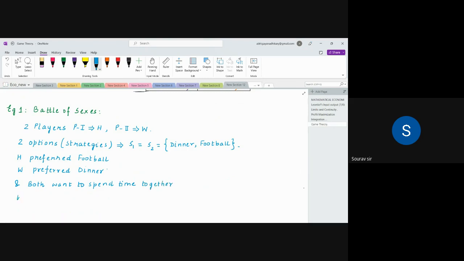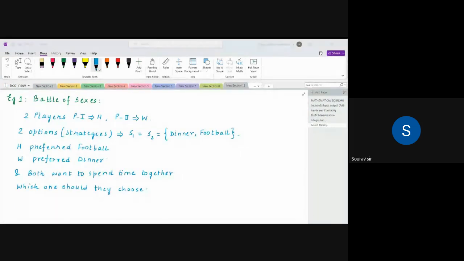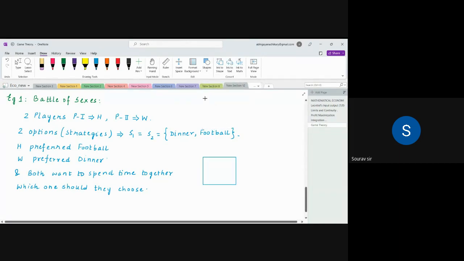So the question is, which one should they choose? So let us draw the payoff matrix now. Over here, what is their payoff? It is the utility, right, that both the players get from this game. So if we can just draw the payoff matrix, it would look something like this.